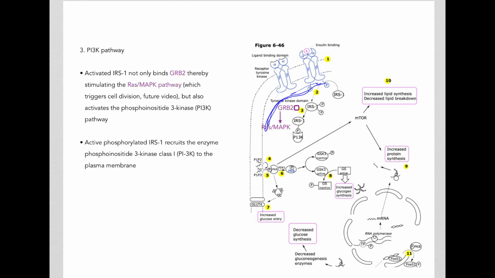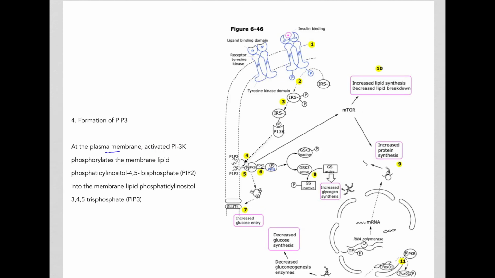So another protein that is recruited by phosphorylated IRS1 is the enzyme called phosphoinositide 3 kinase, which is the class 1 type. We'll just call that PI3K. So this enzyme PI3K will now be attracted to the plasma membrane where the phosphorylated IRS is.